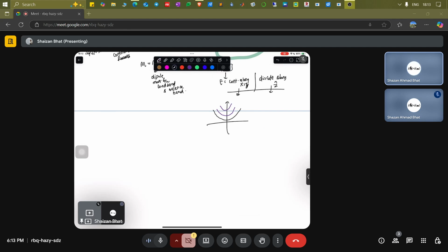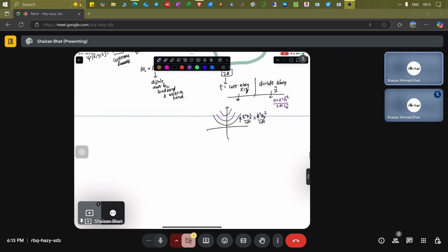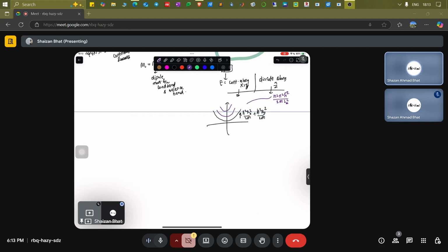So this is the usual ħ²kx²/2m plus ħ²ky²/2m. But along z, it will have n²π²ħ²/2mLz², let's call it Lz. That gives rise to subbands for n equals 1, n equals 2, and so forth. That is what we are talking about here.